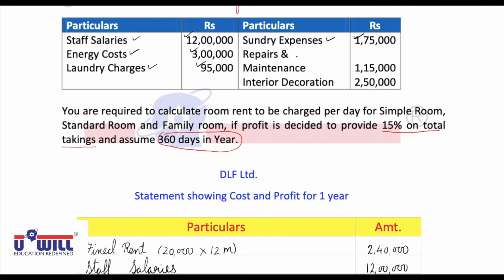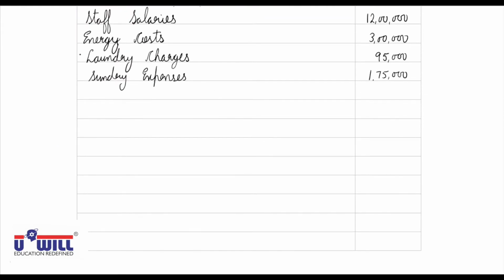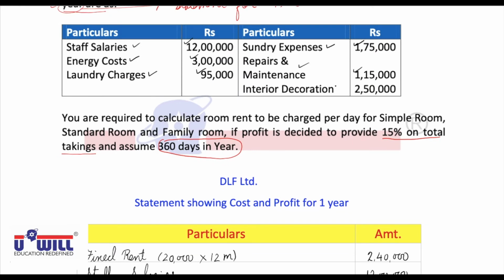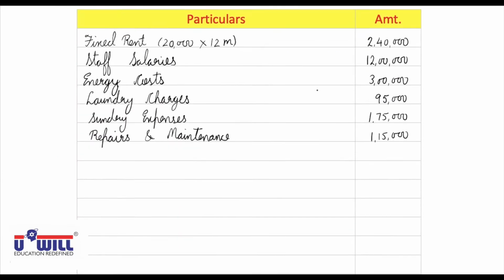Then after sundry expenses, repairs and maintenance 1,15,000. All of you write down repairs and maintenance 1,15,000. Then after repairs and maintenance, last is interior decoration 2,50,000.